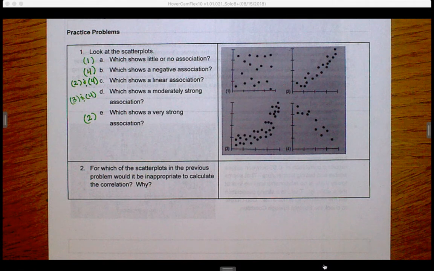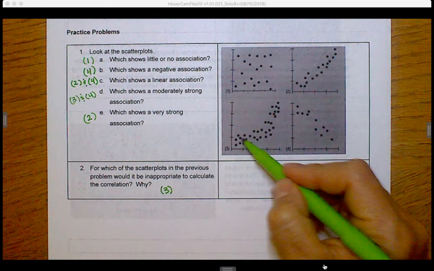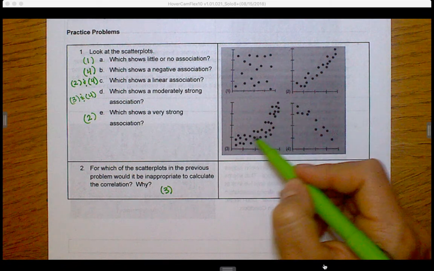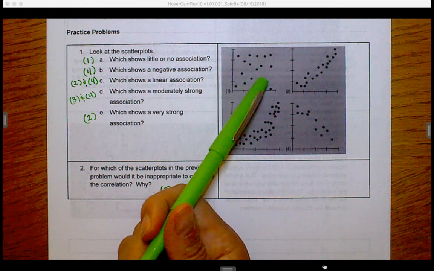So I'm going to say inappropriate would probably be graph 3, because this one is looking like it's doing some kind of curve.